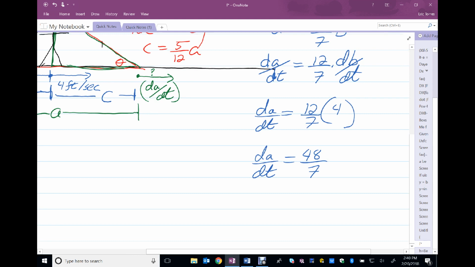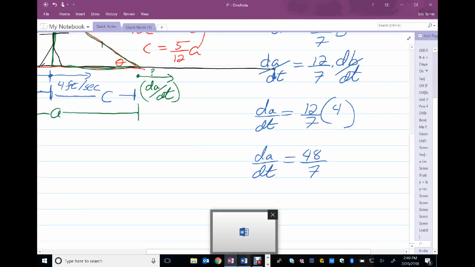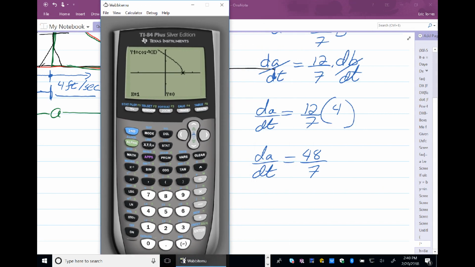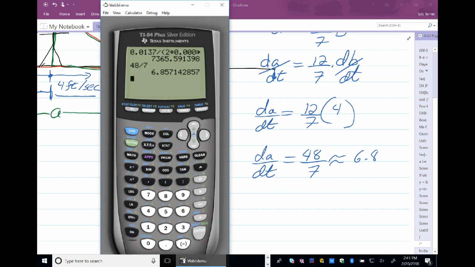It's like 6.9 something. Let's go ahead and, if we want to calculate that, we can. 48 divided by 7 is approximately 6.8 something feet per second.